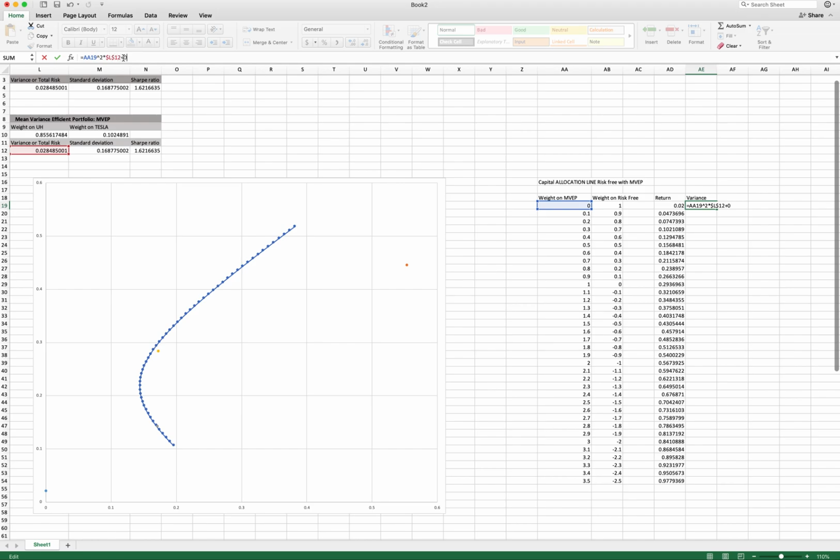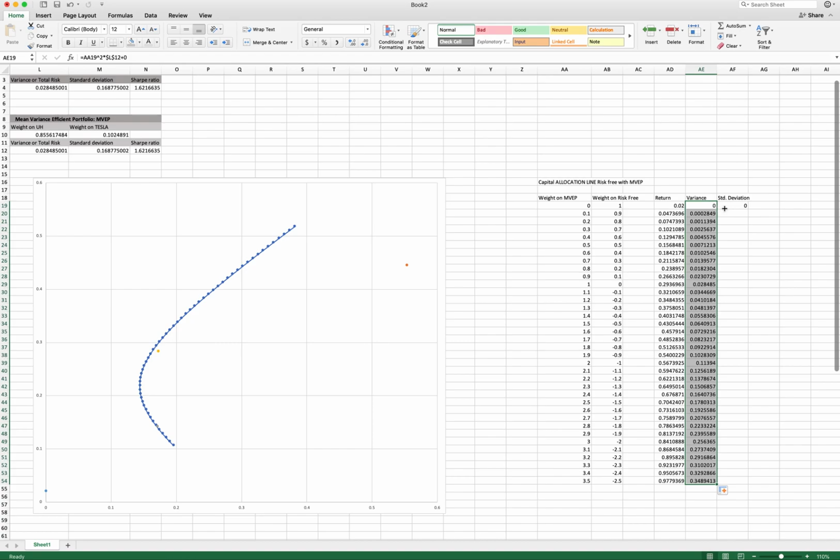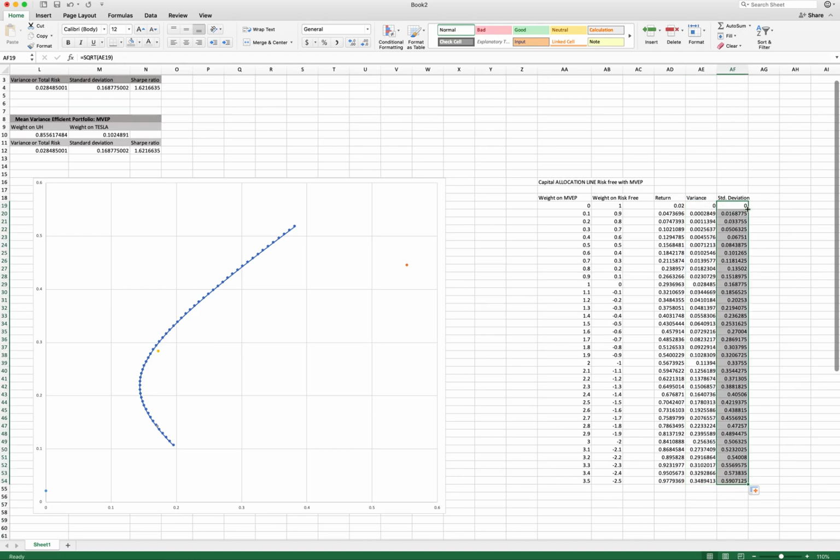Well, plus 0, because the variance of the risk-free is 0, and then the covariance is also 0. Okay, so the variance is actually fairly simple, and the standard deviation is equal to, well, the usual square root of my variance here.